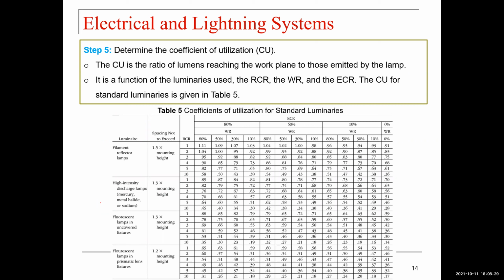So again, we're going to use the values of the ECR, the wall reflectance, and the RCR to get this information. We also need the type of luminaire and the spacing. So 5 pieces of information to find the right number.